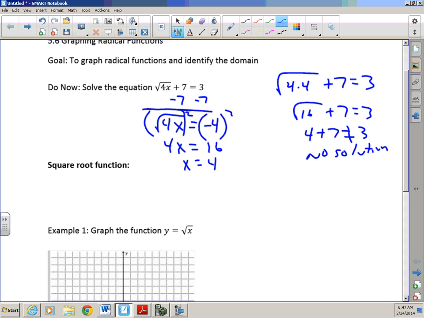And you could have seen that right away because when you got the radical by itself, it was set equal to a negative number, which we know is not possible.